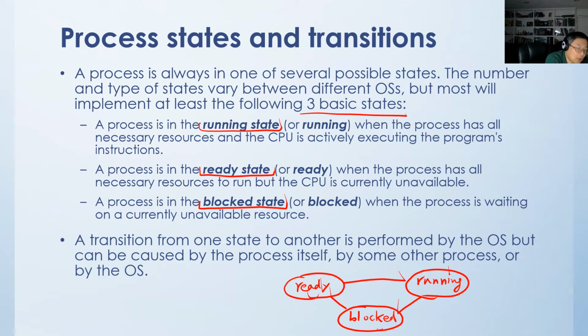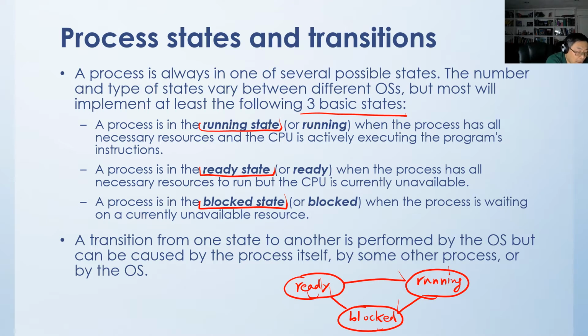Now, some operating systems may implement some more states. Okay. So typically, the process, once it's created, is going to be in one of these states. A transition from one state to another is performed by the operating system. But it may be caused by the process itself.